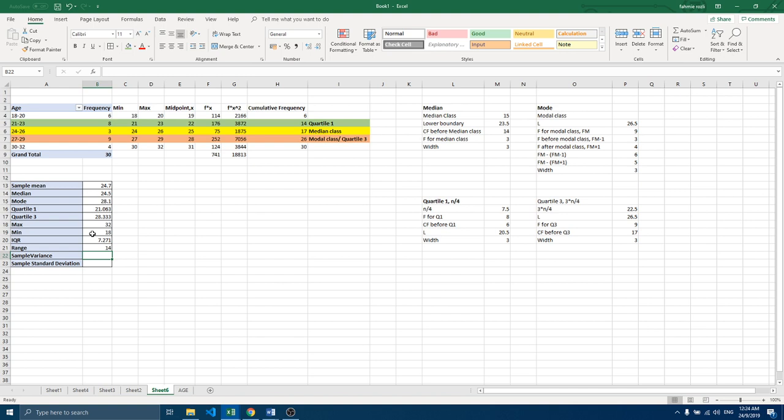So next, how to find the sample variance. For sample variance, it's almost done. You have to take the equal sign, summation of fx square. Fx square is here, and then divided by total frequency.